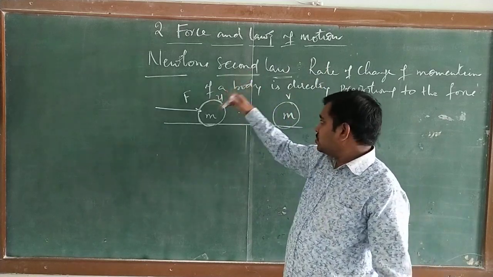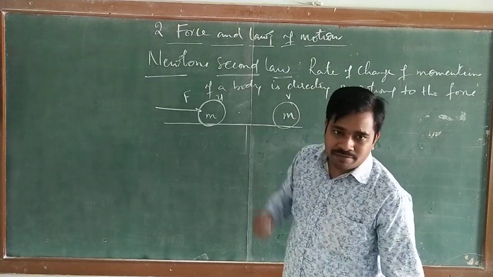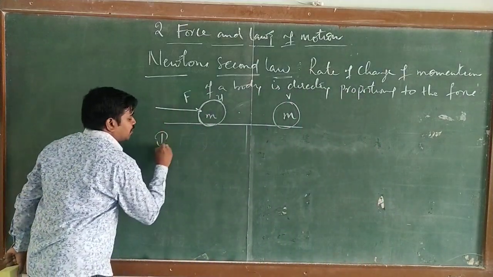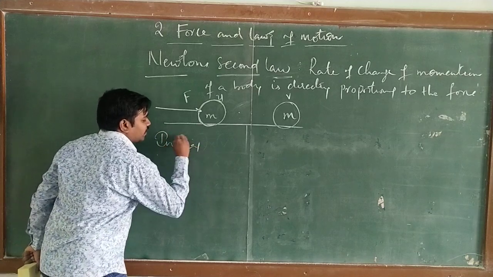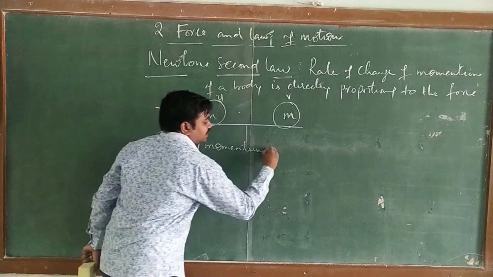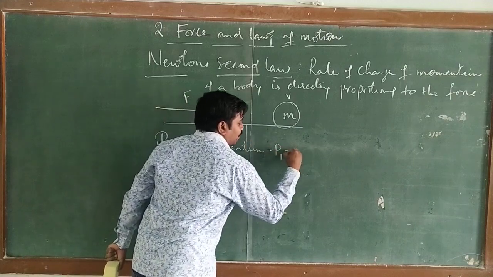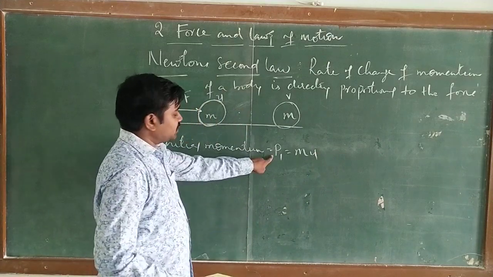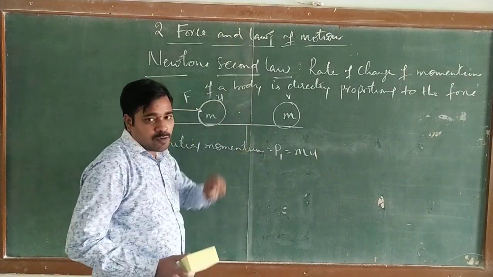To change from initial velocity to final velocity, it took some time t. So it has some initial momentum. What is the initial momentum? The initial momentum is P1, and mu is the initial momentum.